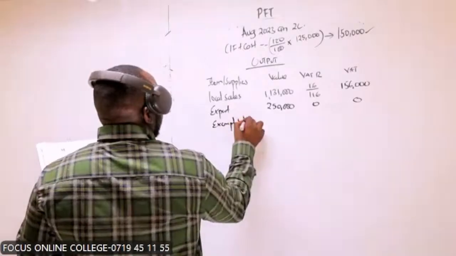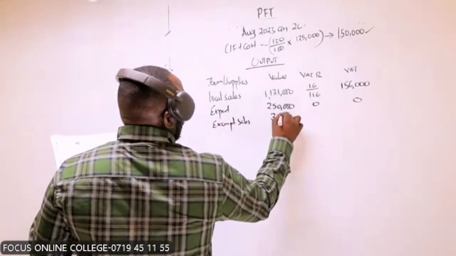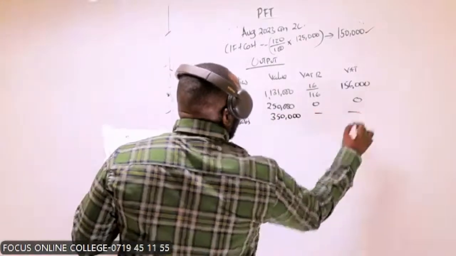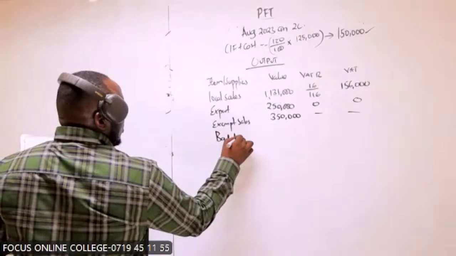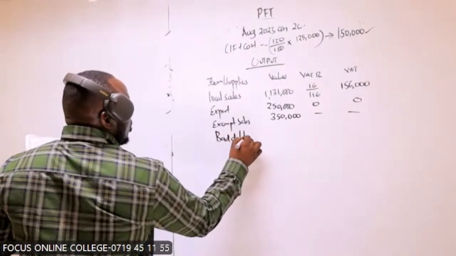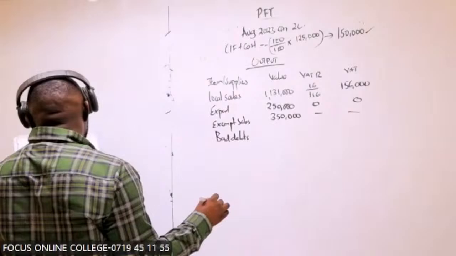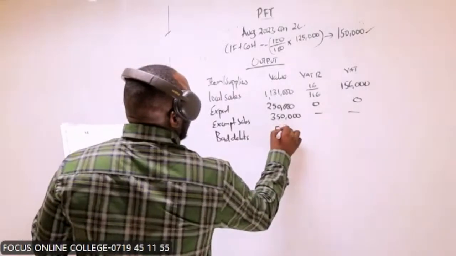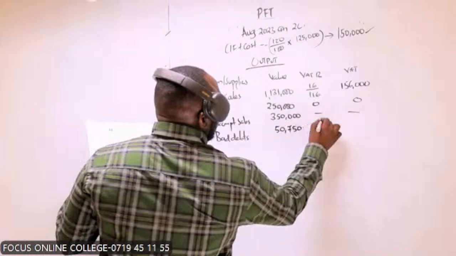Sales. Then we have what's called the bad debts. Bad debt was 50. 16 over 116.